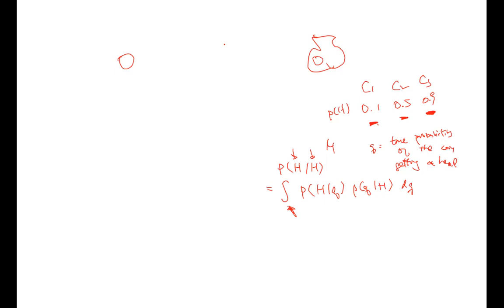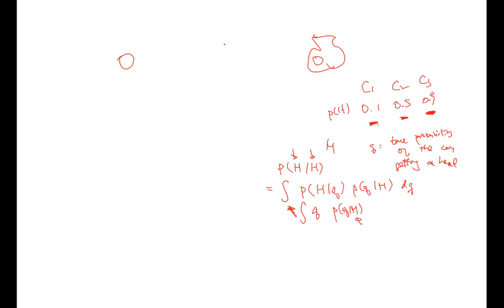So I have P, this is just equal to Q here, right? Q, and I integrate this. I have this P(Q given H) here. And this P(Q given H), of course, is the posterior probability, right? So I can use Bayes' rule again.